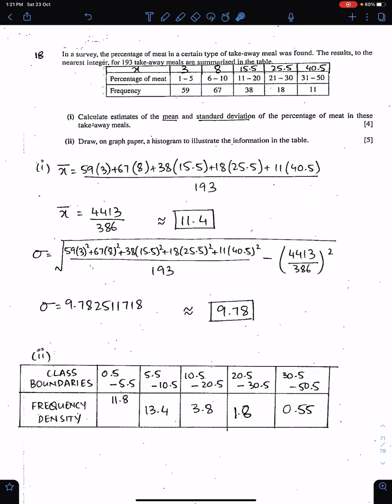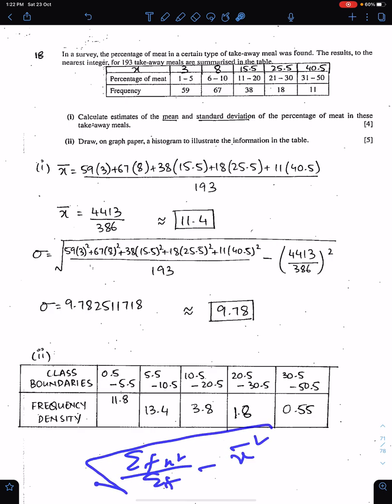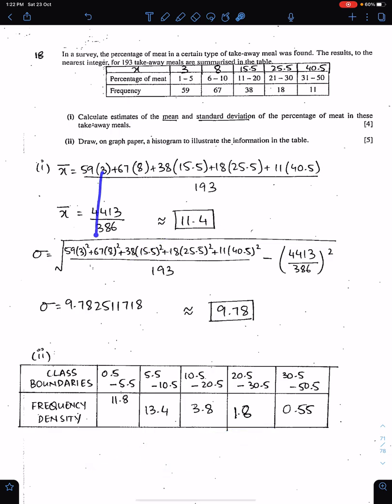Standard deviation is also very simple. If you know the formula, you can easily do that. The formula of standard deviation is this: sigma fx square over sigma f minus square of mean, under root. This is here. You just need to square this number. And so on. Give your answer up to 3 significant figures.